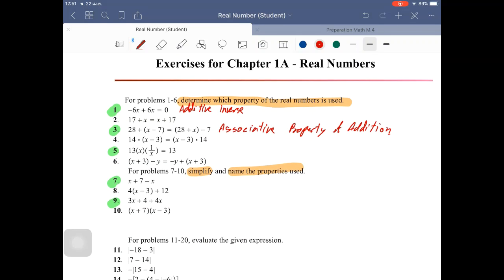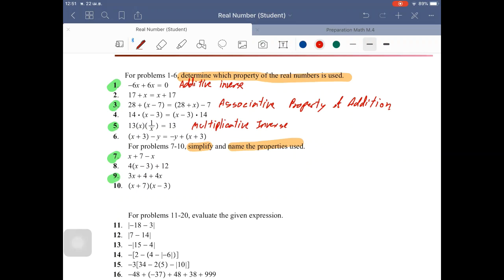That's it. Next one, 13x multiplied by 1 over x and you get 13. Multiplicative inverse. Multiply with its reciprocal, you get the number itself. Okay, multiplicative inverse.